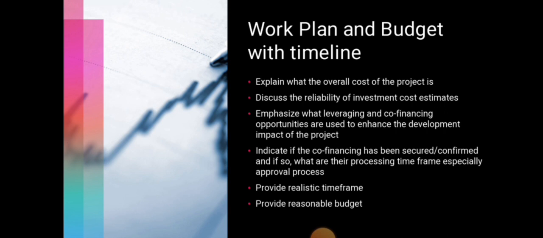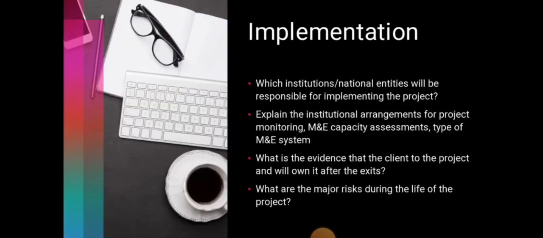So we have to take this into account. These issues are basic in the preparation of the concept note. So this part is important when you're preparing the concept note.